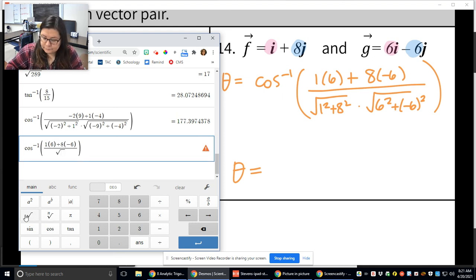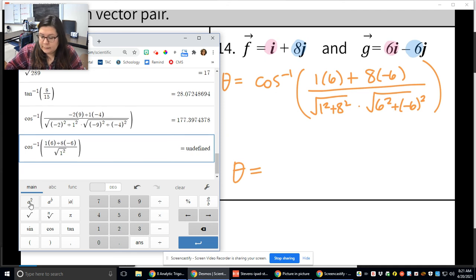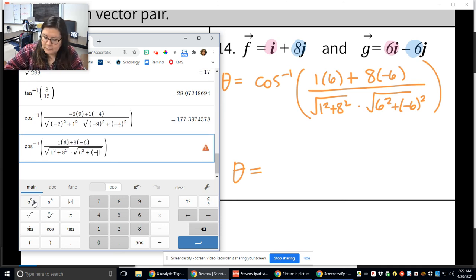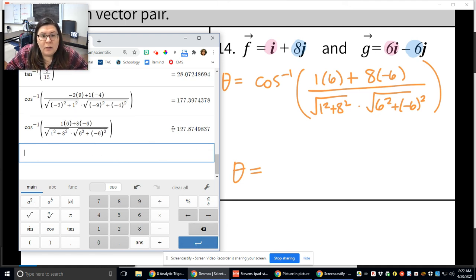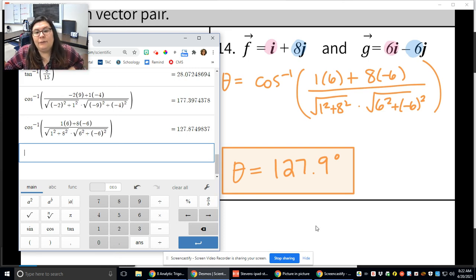Square root 1 squared plus 8 squared times square root 6 squared plus -6 squared. All right, and that's what I get for that one, 127.9 degrees.